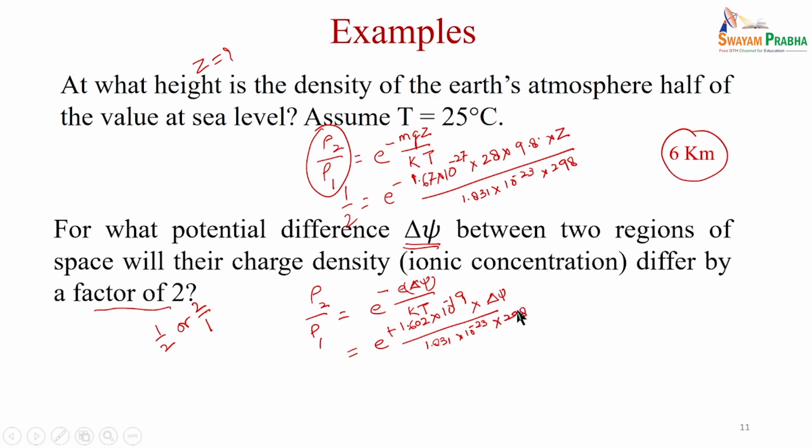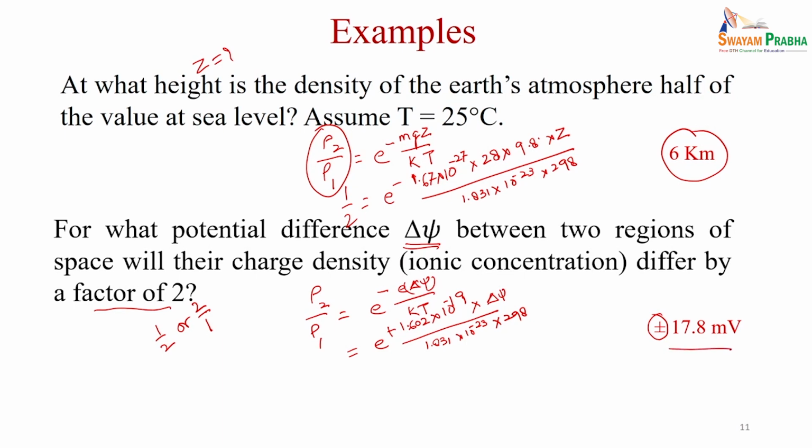From here we can calculate the difference in the electrical potential, and if you put the 2, you will get the positive sign. If you get 0.5, it will get a negative sign. So, the correct answer will be plus minus 17.8 millivolt.